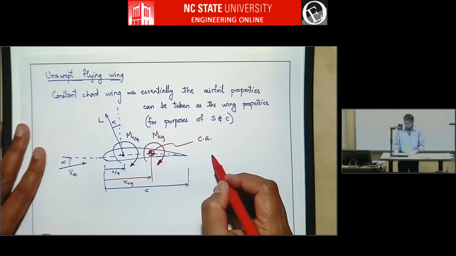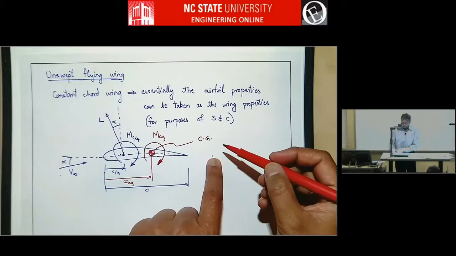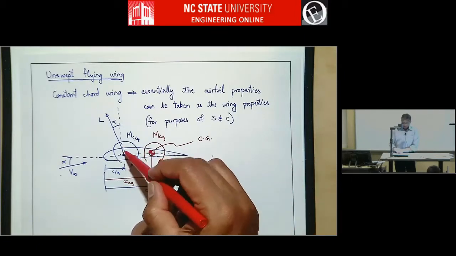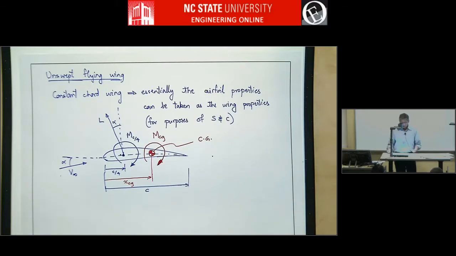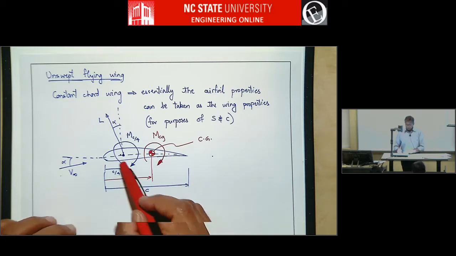You can calculate moment about this point, which is essentially this moment plus the force times moment arm. But like we just saw in the previous few slides, moment about CG determines the stability and control behavior, so that's what we are interested in. So we want to calculate moment about CG, and I'm drawing all moments with the positive sign convention here, right? So this is positive.